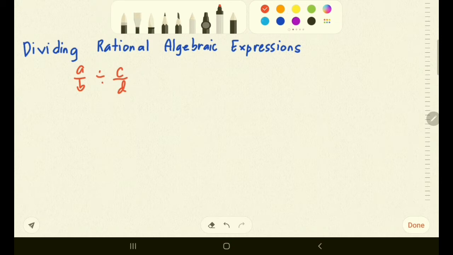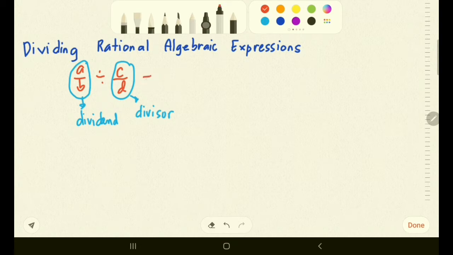But see to it that you should know which of the rational algebraic expressions is the dividend. Of course, the first RAE is the dividend, and the second RAE is the divisor. So what to do?